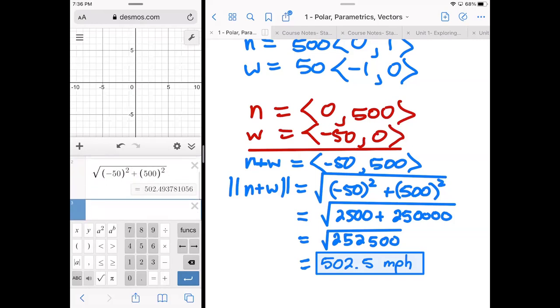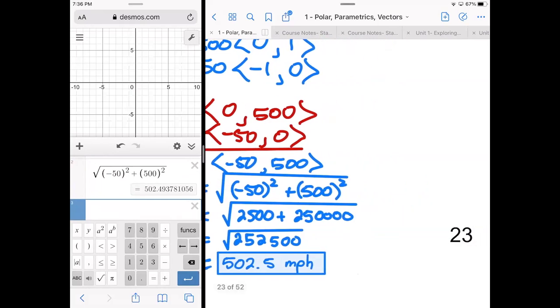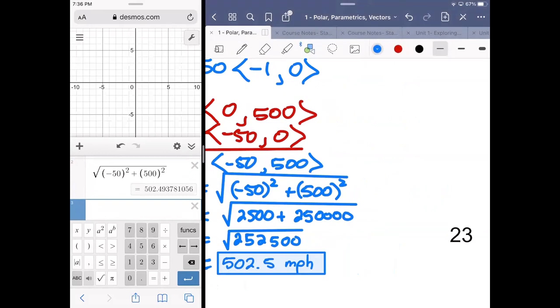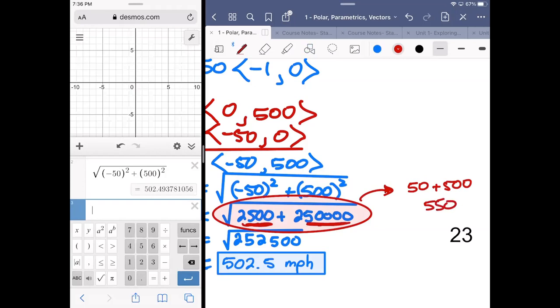I see way too many people do something terrible. I don't think this was necessarily what was being asked, but I see people going from this step, and then coming up with 50 plus 500 because they took the square root of that and the square root of that, and they come up with 550.